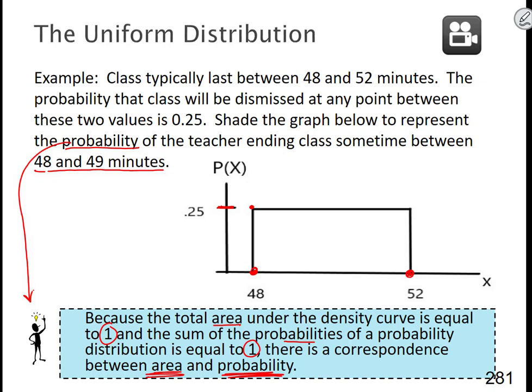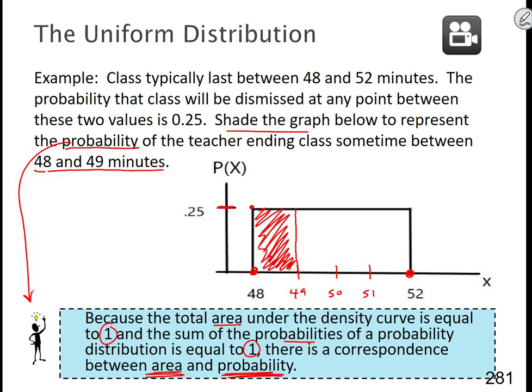So if we go back and on the horizontal axis put 3 somewhat evenly spaced dashes, we could label those 49 minutes, 50 minutes, and 51 minutes. And if we're trying to shade the graph to represent between 48 and 49, then we just go 49 up to the top of the rectangle and shade it in.